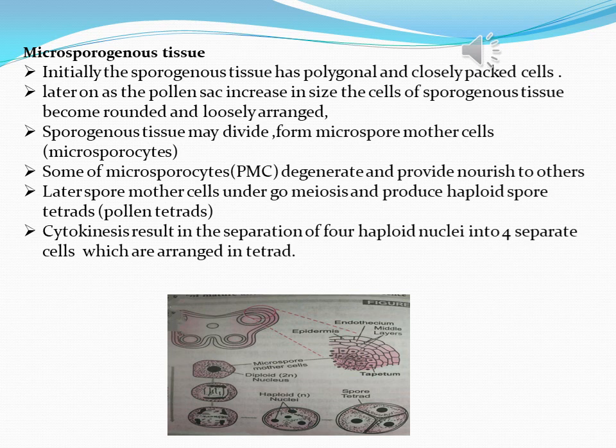These pollen mother cells or microsporocytes undergo meiosis and produce the haploid nuclei. Because of cytokinesis, these 4 haploid nuclei get separated into 4 separate cells, and these separated cells we call a tetrad. This is arranged in the form of a tetrad.